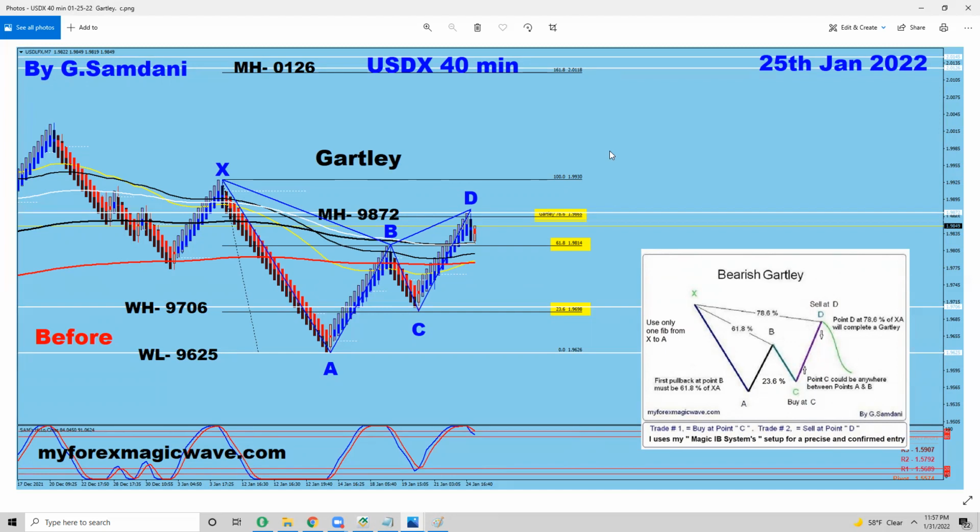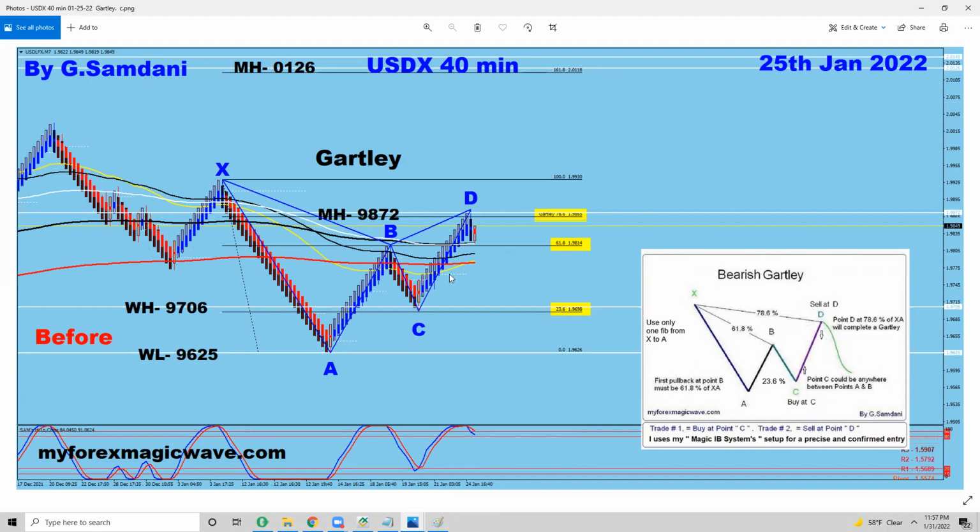I always teach that harmonic patterns are basically Elliott wave, but people named these patterns, and they work because they are Elliott wave. These different patterns have specific calculations, and this diagram is a Gartley pattern completed at point D, and after that it's supposed to drop.